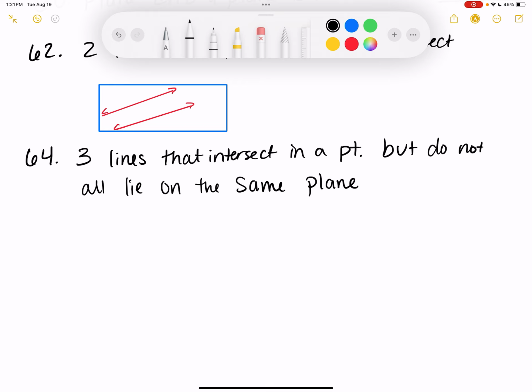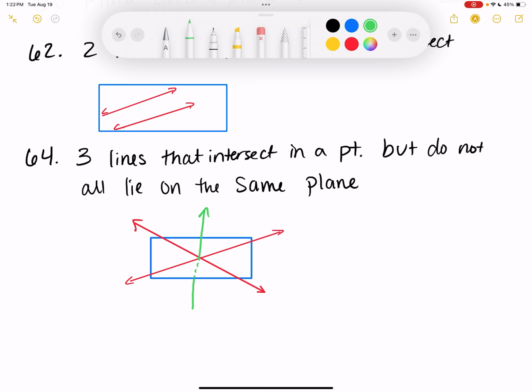Yep, I could have one outside the plane. They just all can't be on the same plane. So if I were to draw a picture of my plane here, I could have one going this way through it, one going this way through it, and then one going up through the bottom, where I do the little dot dot dot thing and show that it's going through that way. So the green line that I drew would be going up and down, and the other ones would be on the same plane.